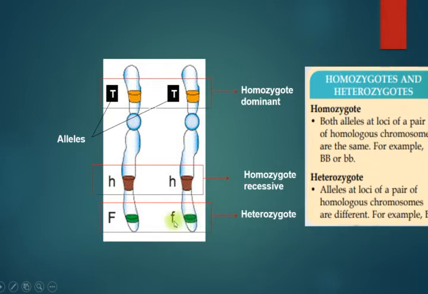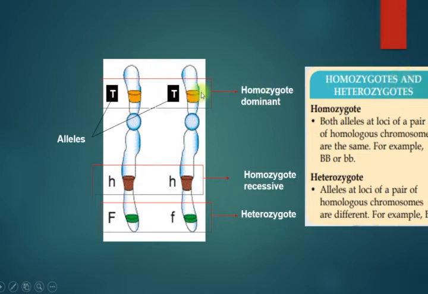So both of them are different alleles, one is dominant, another one is recessive. So we call it heterozygote. Why heterozygote? Because they have different alleles at the locus. So that is referred to as homozygote and heterozygote.